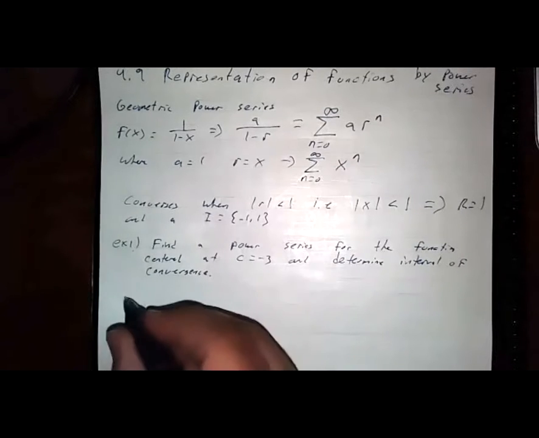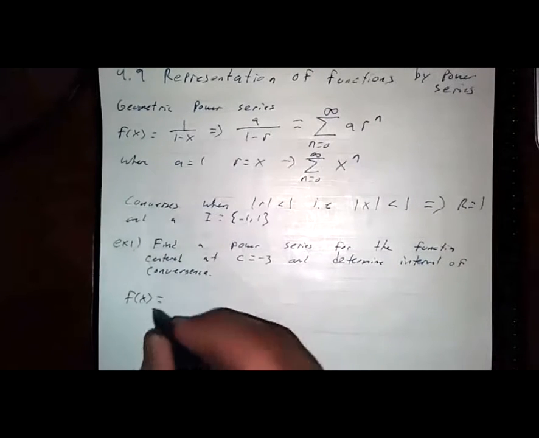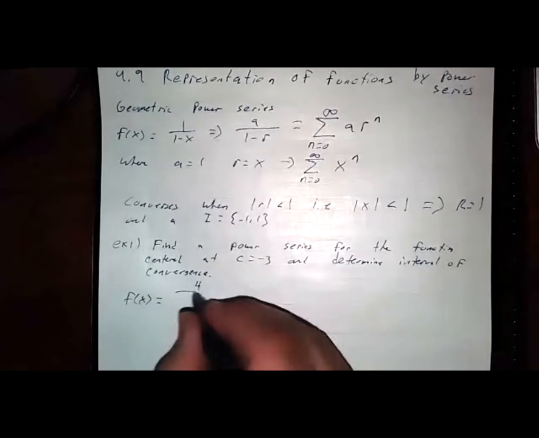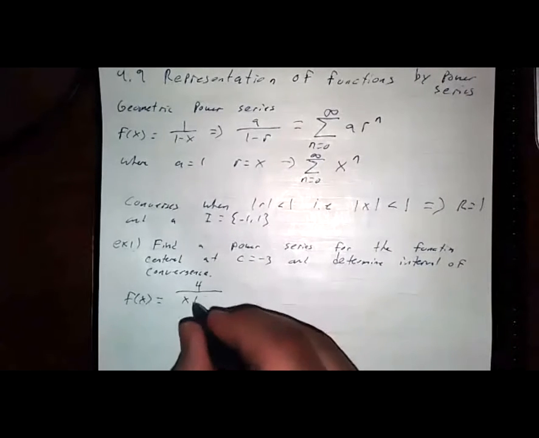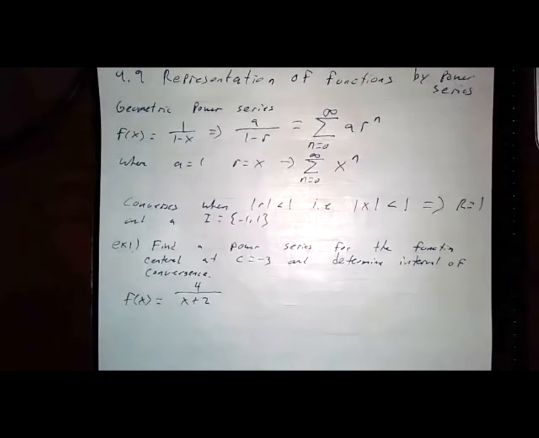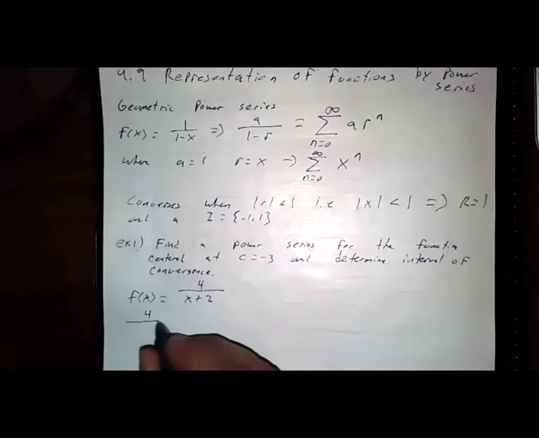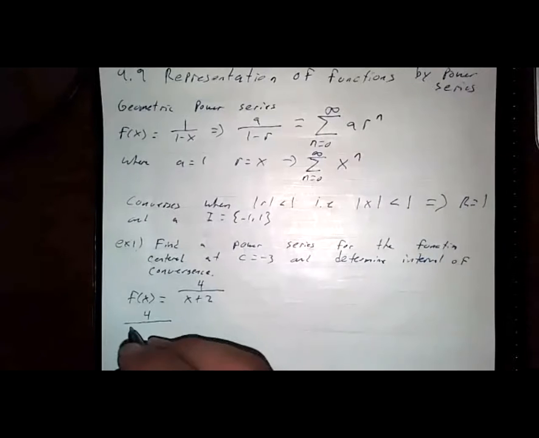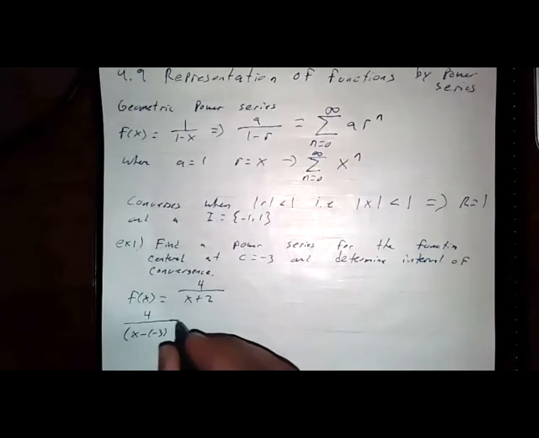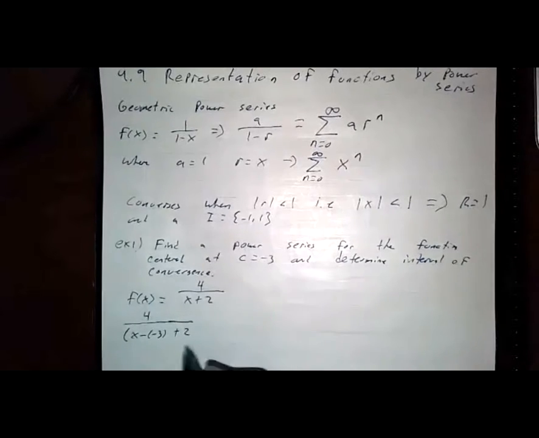Okay. So here's the function they gave us. And they're saying that it's centered at -3. So what you'd have to do is rewrite that x part. So you would take the function, and for the x, you would have to put x minus the -3 plus 2, right?